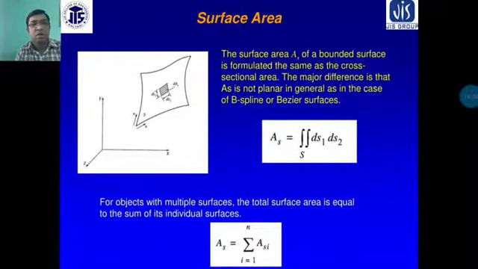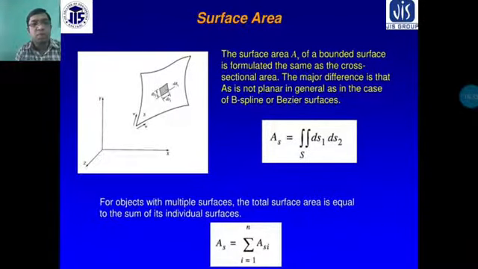Then S equals the double integration over the surface, where S denotes the surface, ds1 and ds2 are given here, and ds1 and ds2 coincide with the surface.